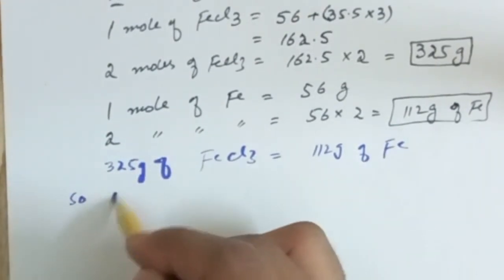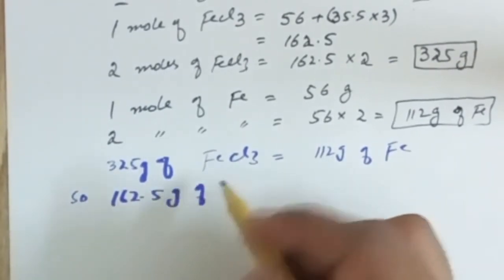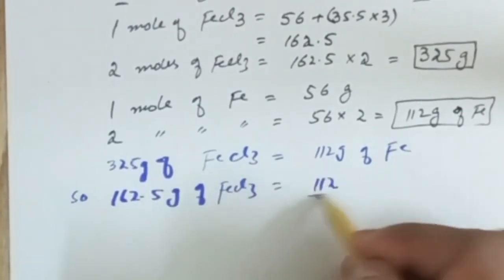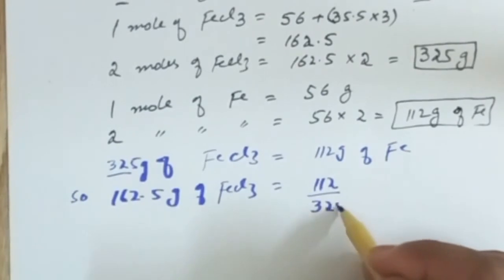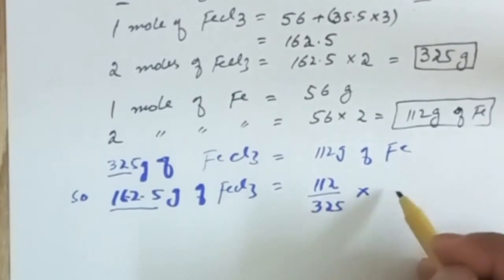So 162.5 grams of FeCl3 will produce 112 divided by 325 and multiplied by 162.5.